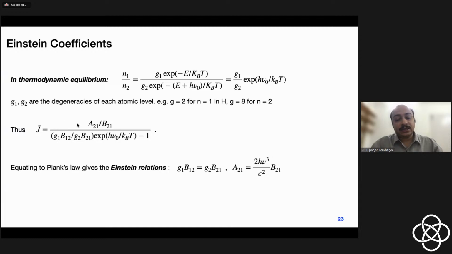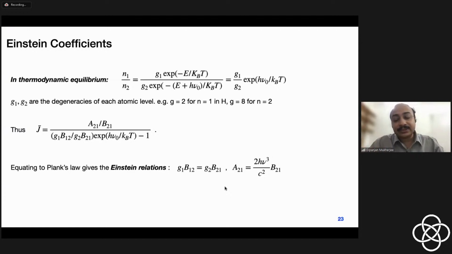Firstly, the term in front of the exponential should be 1, because there is nothing in there in the Einstein relations. And A21 by B21 is just 2 h nu cubed by c squared. So from experimental verifications, if you can find one of the Einstein coefficients, you can find the rest.